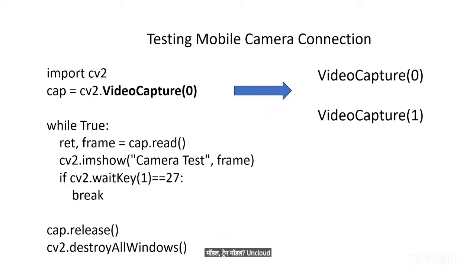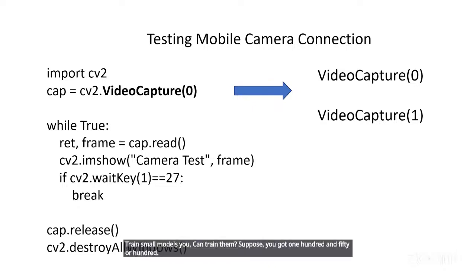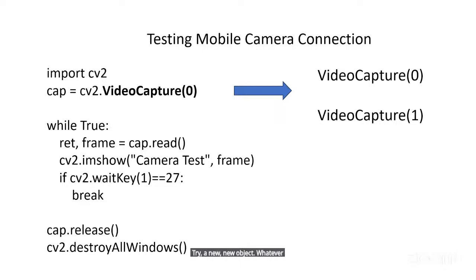For example, Google Colab is one platform which gives you some computing power free for some time. You can train small models. Suppose you have 100 or 150 samples of a new object, you can train it and it will give you the results. Of course, if you want to train on a large amount of data, you have to pay charges. But we'll explain it in Google Colab one day.